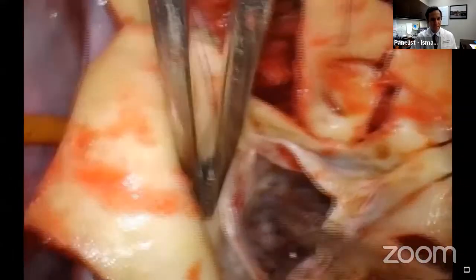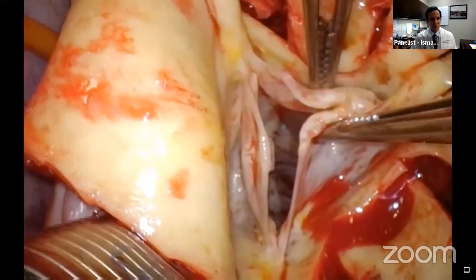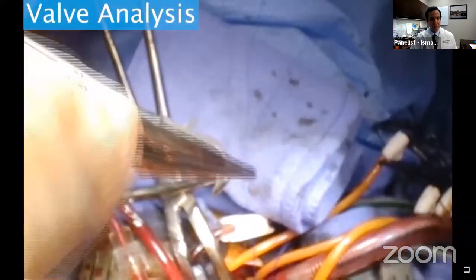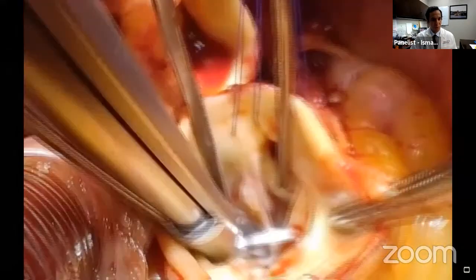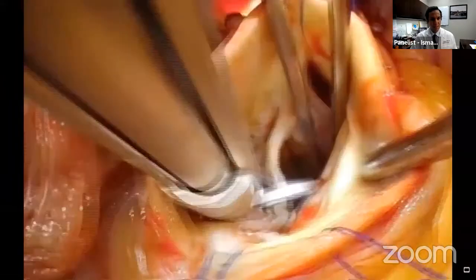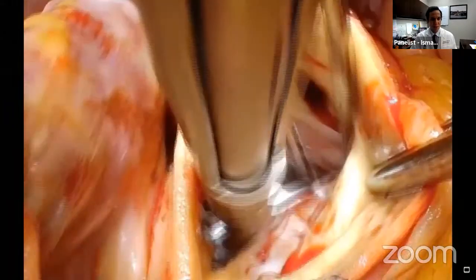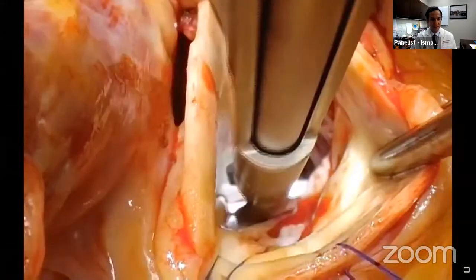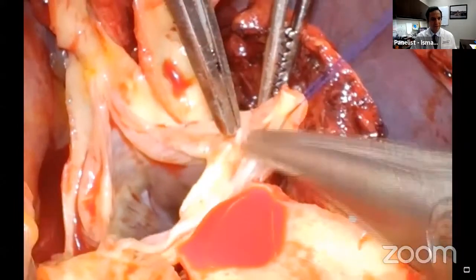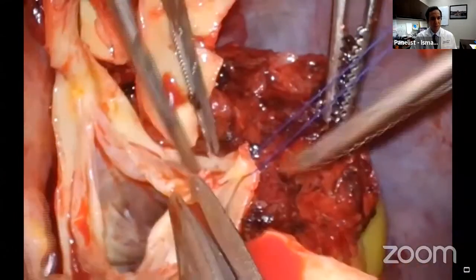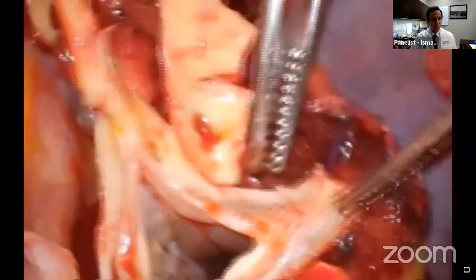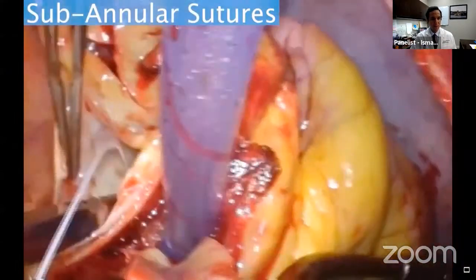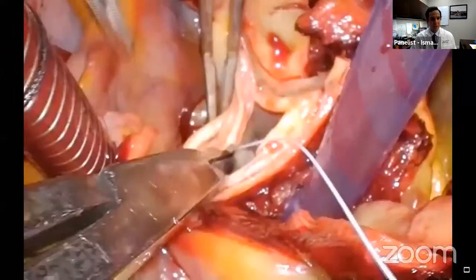So the first step is examining the leaflets, making sure there's no big calcification or fenestrations or retraction. And then the next step is making sure that there is no prolapse of the reference leaflet, in this case, the non-coronary. And then we do the leaflet work after having mobilized the roots. We release the raphe, which gives the leaflet a bit more mobility.